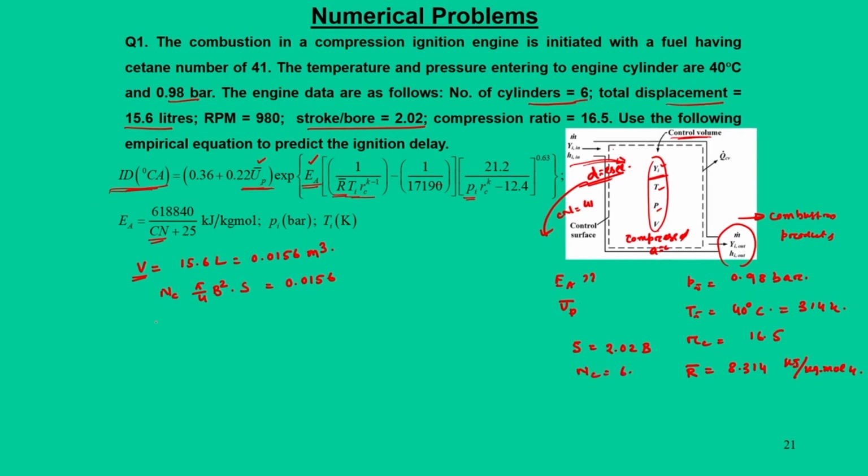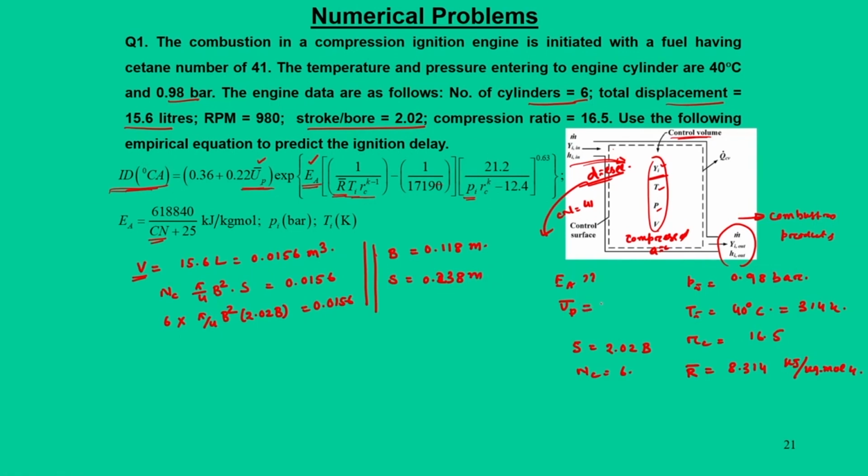By putting this in, we can say 6 times pi by 4 B square times 2.02 B is equal to 0.0156. This equation gives the value of B as 0.118 meter, and stroke is equal to 0.238 meter.